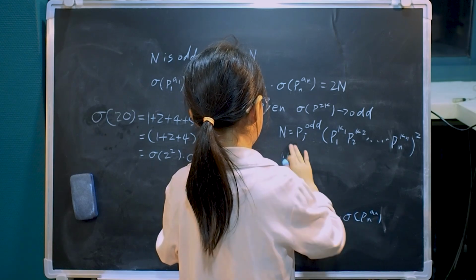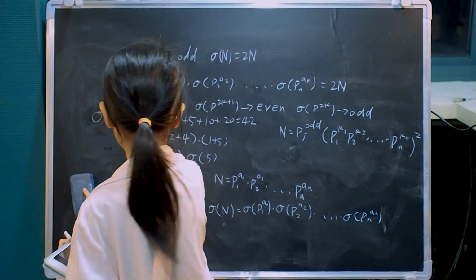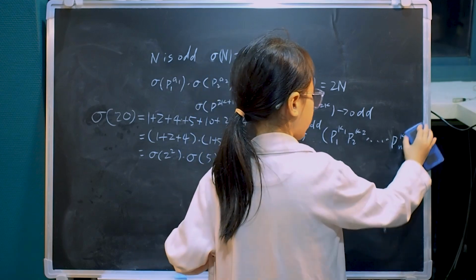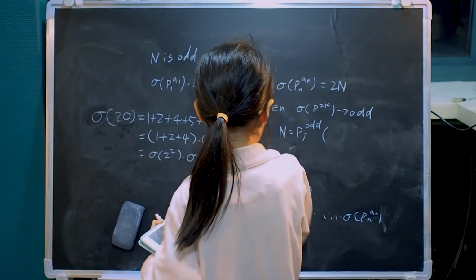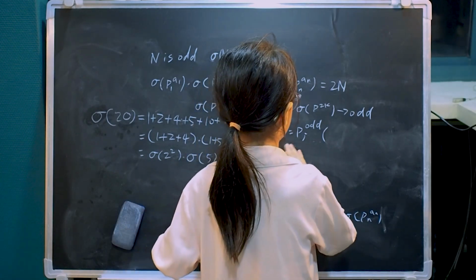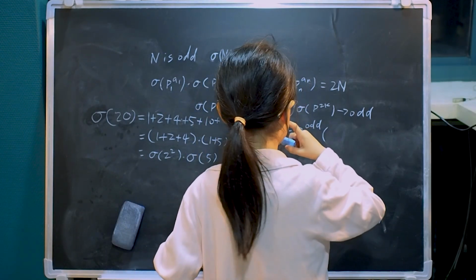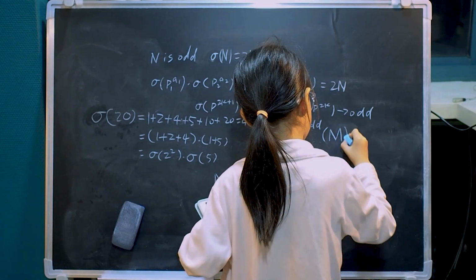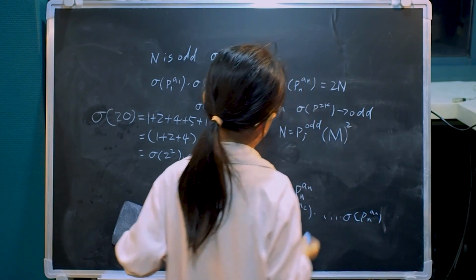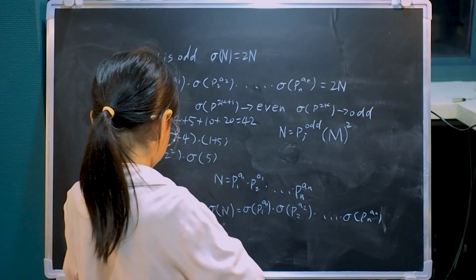At last, we get n equals pj to the r times m squared.